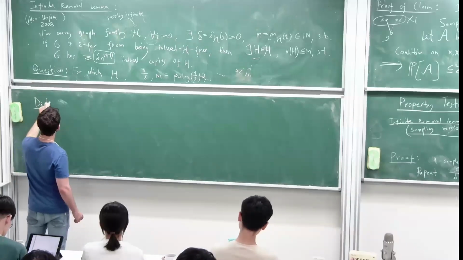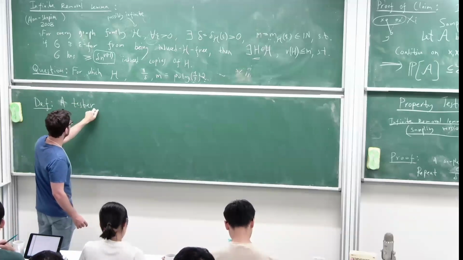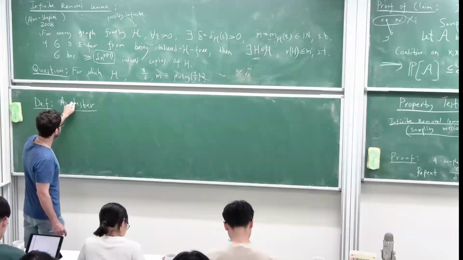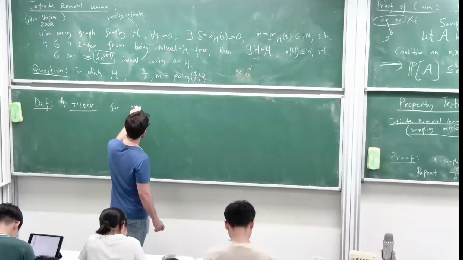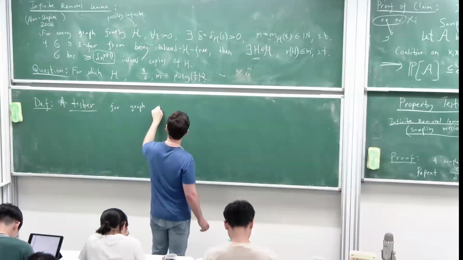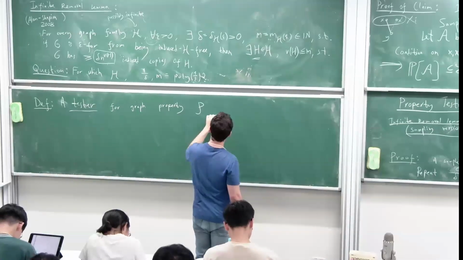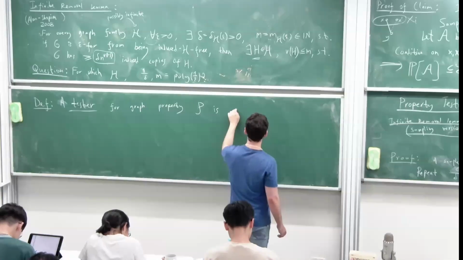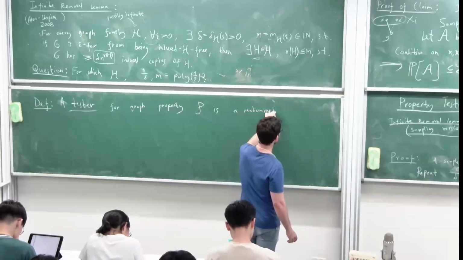Definition: a tester for a graph property P is a randomized algorithm. As you will see, there isn't that much algorithms here.